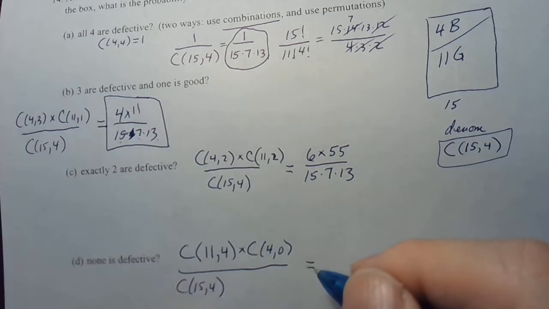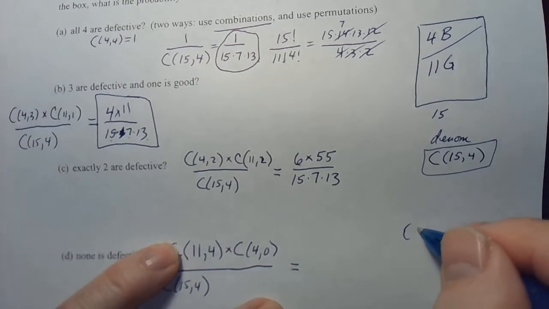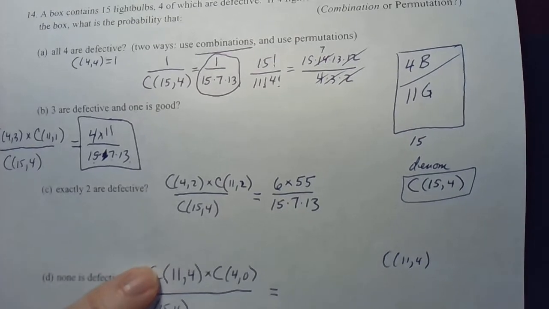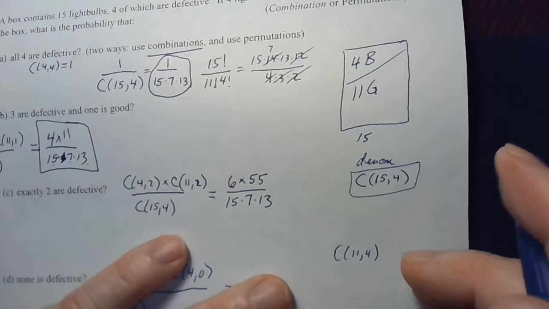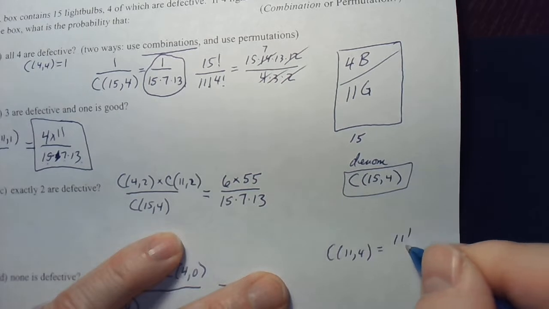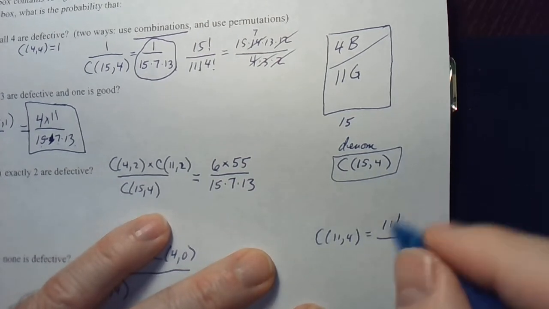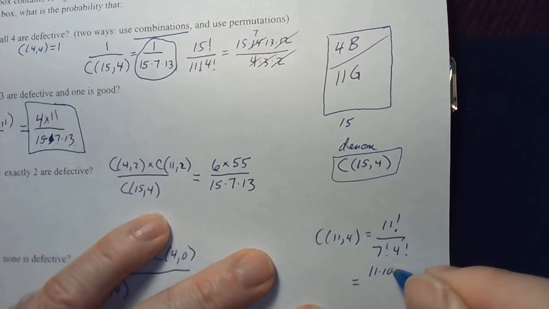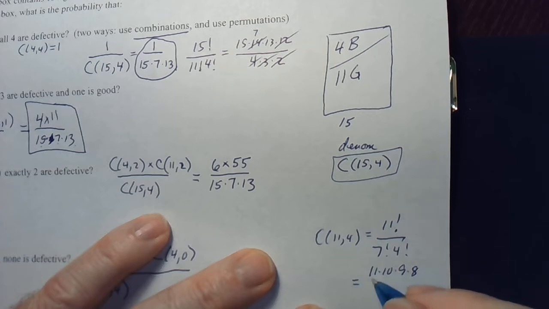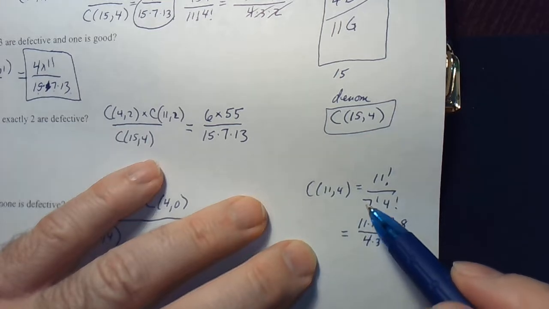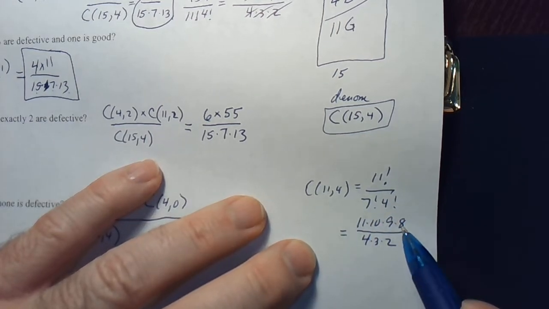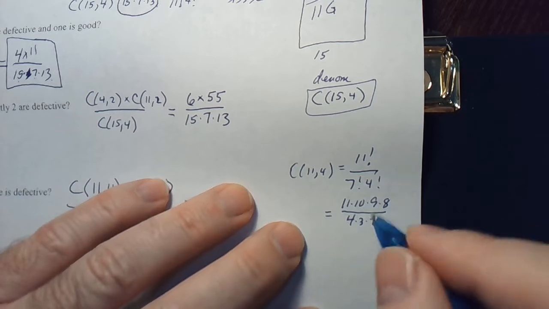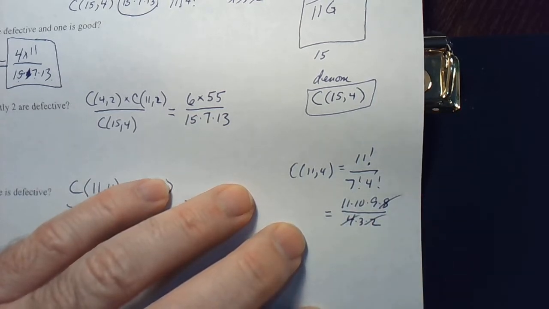So maybe I'll just figure out what 11 choose 4 is. Did we already do that? We did not. That would be 11 factorial over 7 factorial, 4 factorial, which is 11, 10, 9, 8 over 4 times 3 times 2. The 7 factorial canceled out. That's why this stops at 8 right here. 4 times 2 is 8. So I canceled the 8 on top with the 4 and 2 in the bottom.